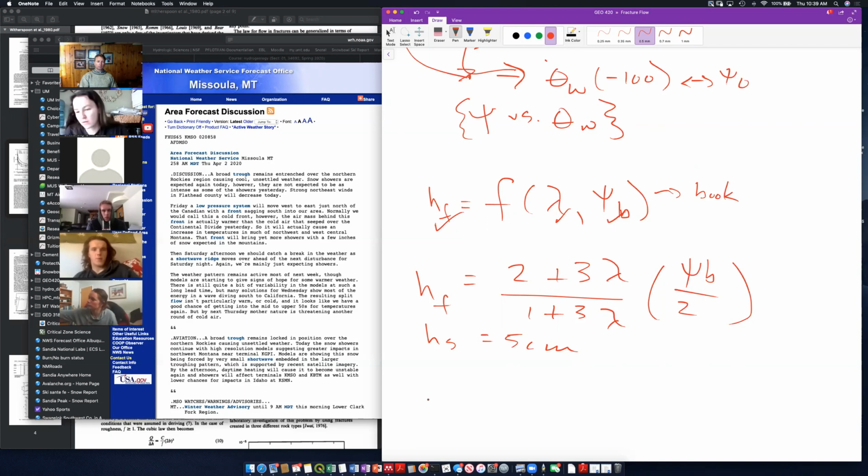I'm having trouble finding where saturated water content theta S would be in the table. It gives a value for theta R. It gives a value for porosity. What's the value for theta sub W when you're fully saturated?